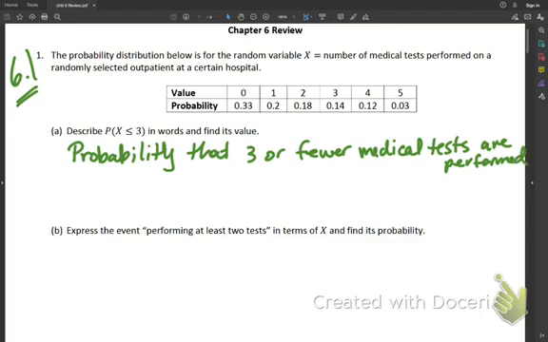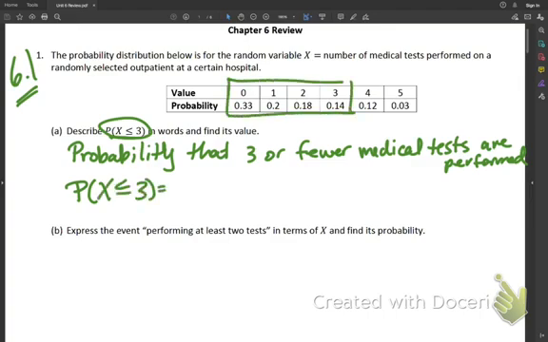That's what that is asking us, and we're going to find out the value. The probability that x is less than or equal to 3. So less than or equal to 3 would be those 4, so 3, 2, 1, or 0 medical tests. All I need to do is add up those probabilities, and that'll give me the answer, which is 0.85.